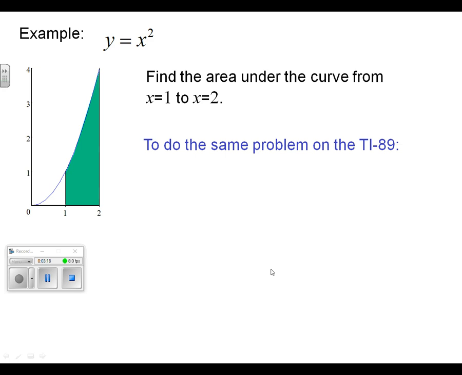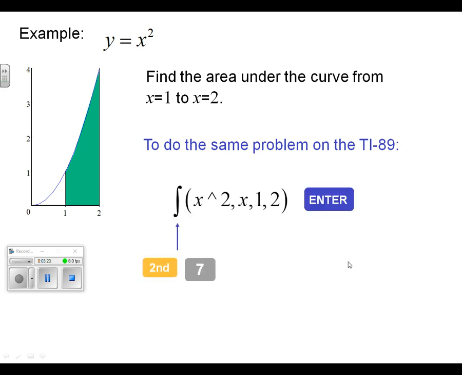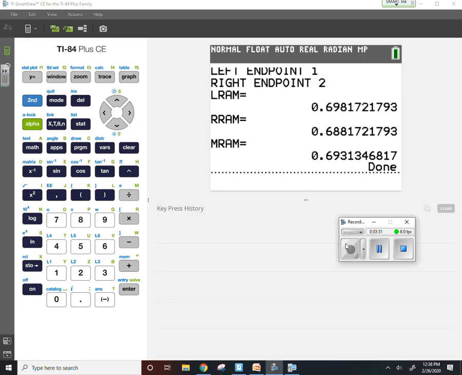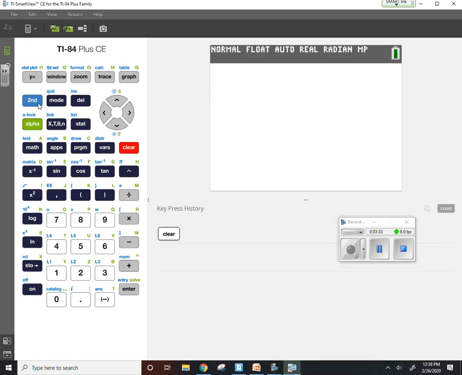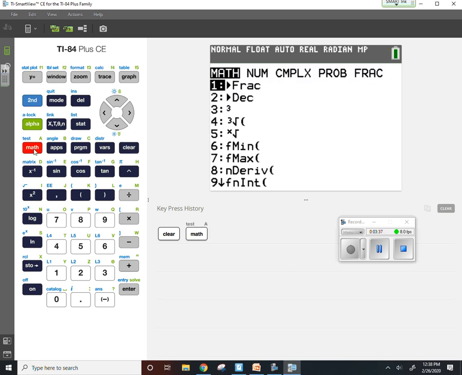Okay, get your graphing calculators. Now's the fun. There's two main ways to evaluate integrals on your graphing calculator. All right, so on the graphing calculator, if we go, I think it's math first, isn't it? Or am I wrong?